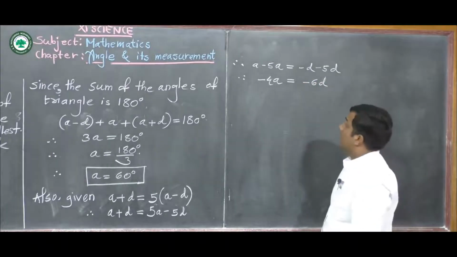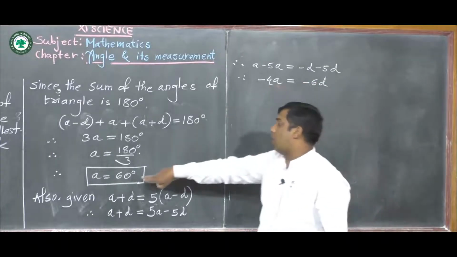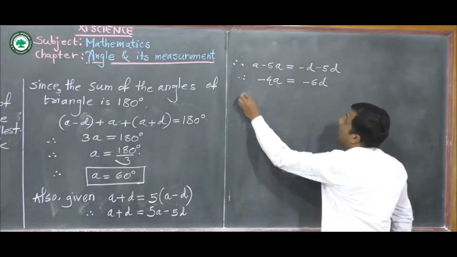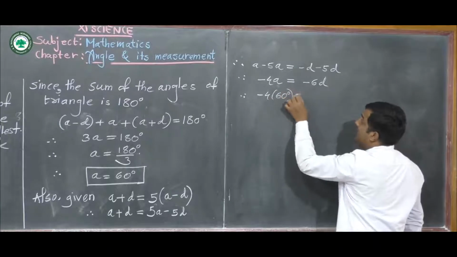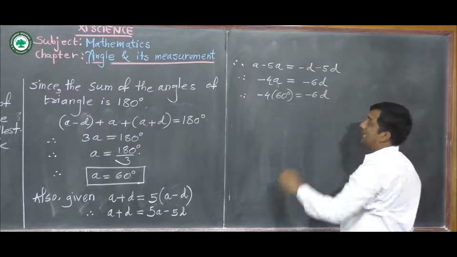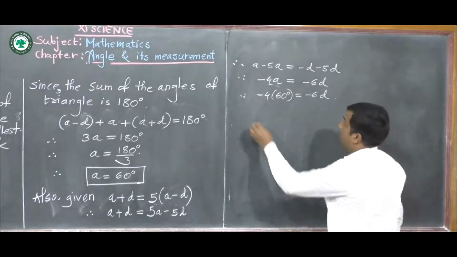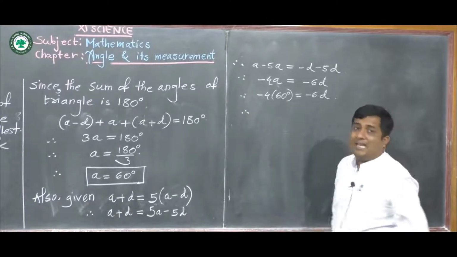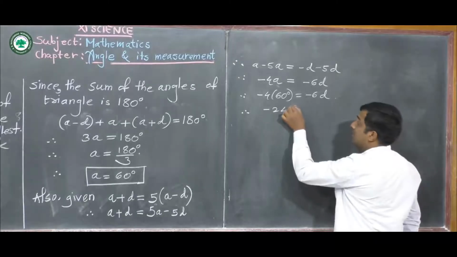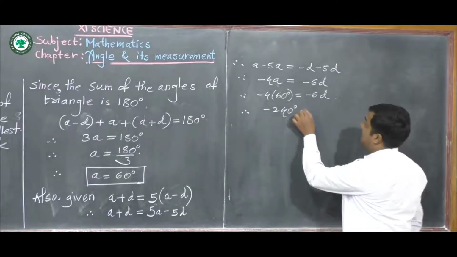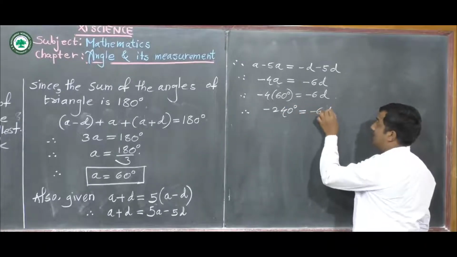Here we know A is 60 degrees, so we replace this A by 60 degrees, and it is equal to minus 6D. Then minus 4 into 60 is minus 240, and this is equal to minus 6D.